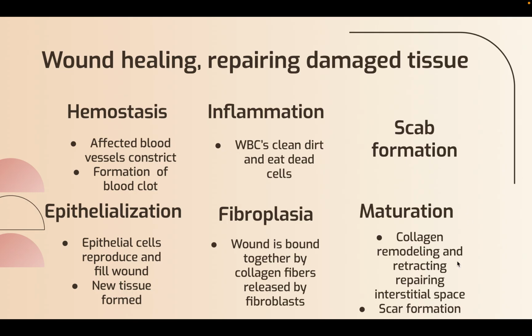And then finally, you're going to have remodeling or maturation. These collagen fibers readhere and retract, pulling back into this interstitial space and repairing what's damaged, pulling everything together, giving it some more stability. And of course, if excess collagenous fibers form, you have a scar.